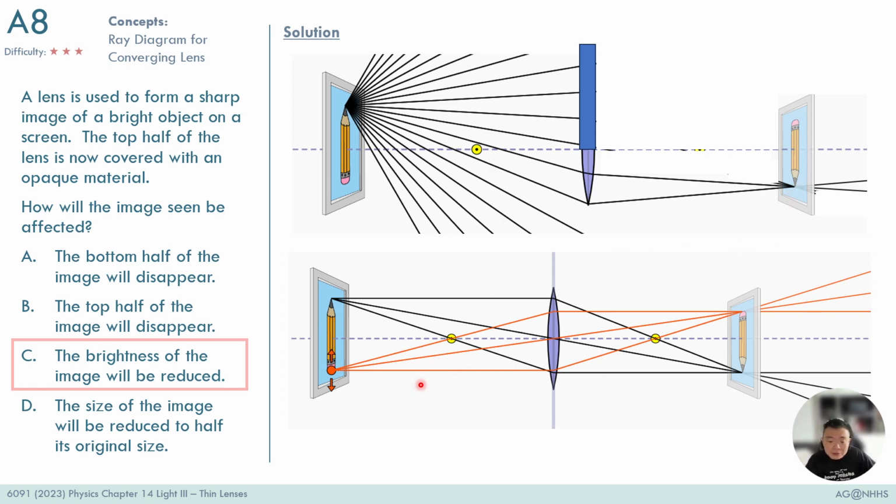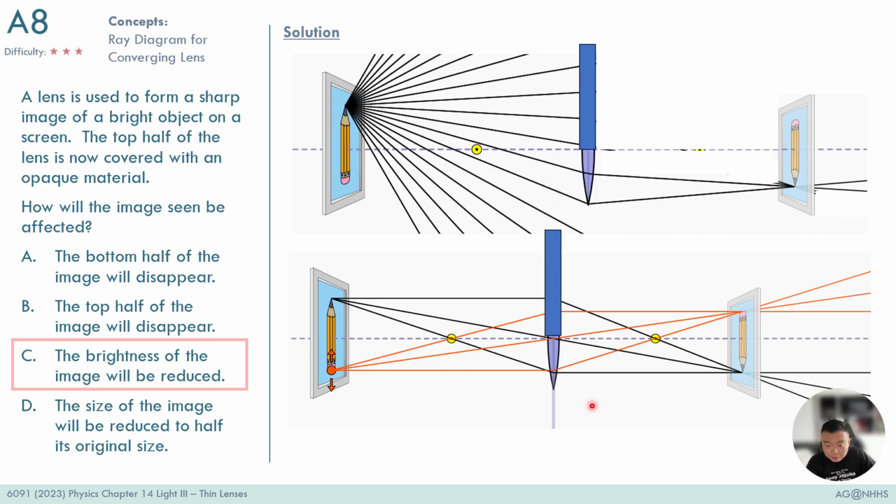Now, we can do the same thing for, say, the bottom of the object over here, and the light ray in orange now passes through the top of the lens, the middle of the lens, and the bottom of the lens, and this will all form and converge at this point, forming a sharp image of the eraser at the end of the pencil.